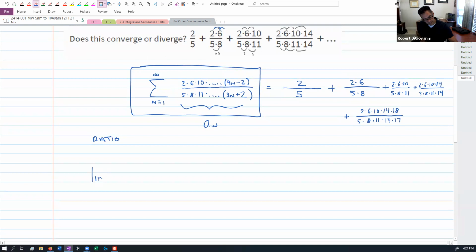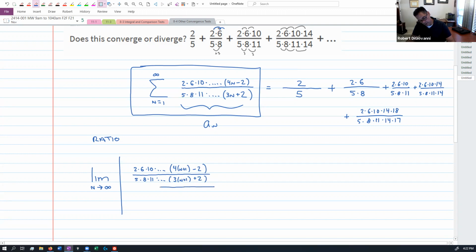We want to take the limit as n goes to infinity of the absolute value of, first, we got to plug n plus 1 into this. So 2 times 6 times 10 times ... until I get out to 4 times, I'm replacing n with n plus 1, 4 times n plus 1 minus 2 over the same thing on the bottom, 5 times 8 times 11 times ... And then 3, replace the n with n plus 1, and then plus 2.